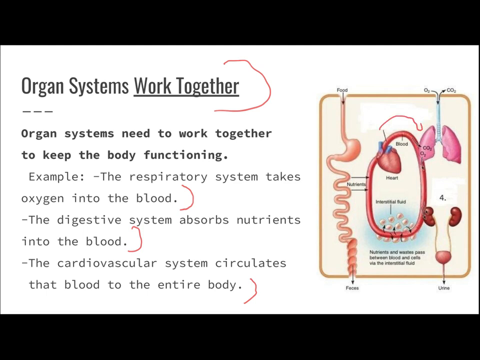So bringing that blood to the lungs to pick up more oxygen and put out CO2, bringing that blood to the kidneys to dispose of waste or unneeded materials, bringing that blood to the digestive system and the intestines to absorb the nutrients out of it, and bringing that blood around to all of the cells so that they can get their nutrients and oxygen from the blood and put out their waste, which then again gets circulated around to be disposed of. So all of these systems are actually working together in order to keep your body going.